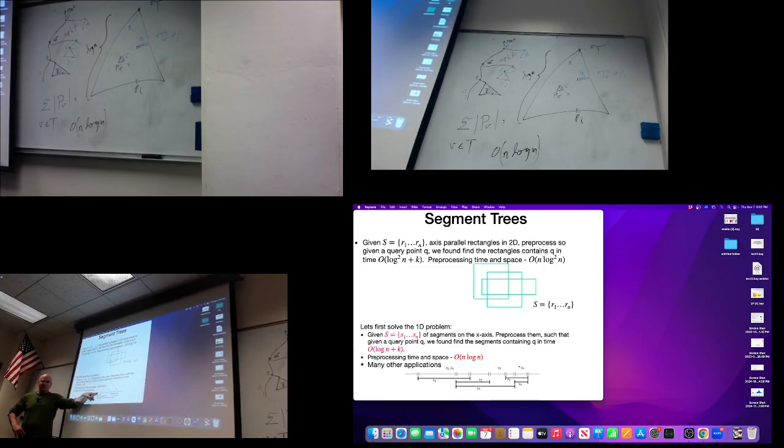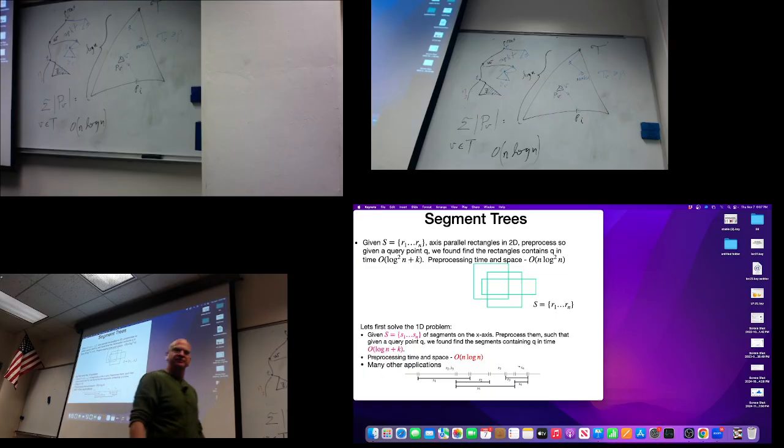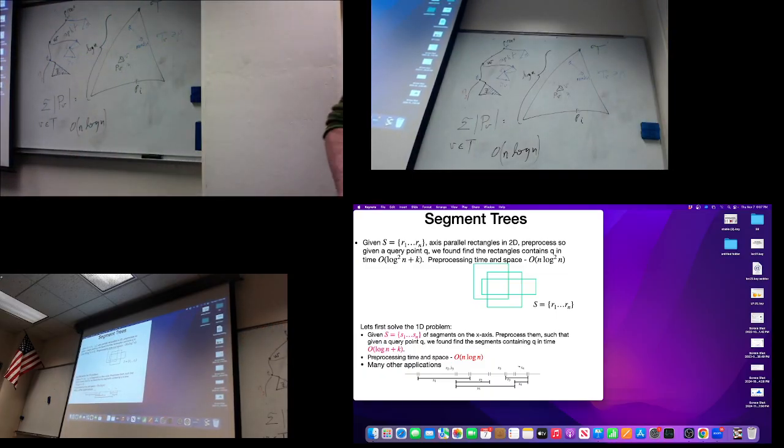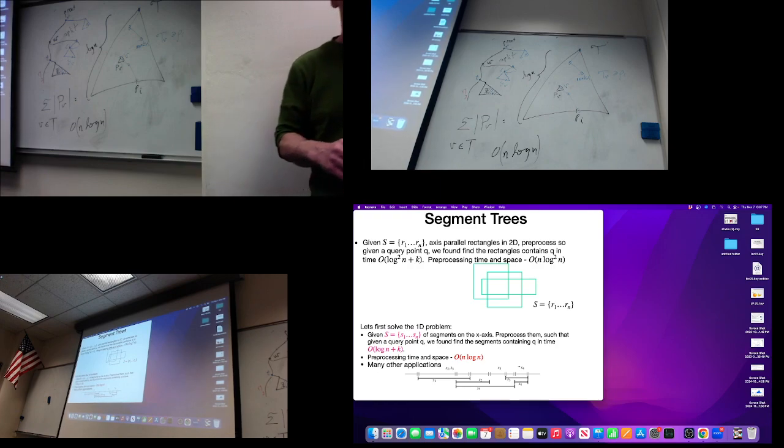These are just for visualization. Give me my query point, and I want to know who are the segments that contain my query point. And once again, I would like it as a collection of canonical subsets, because there might be more levels that I can do.